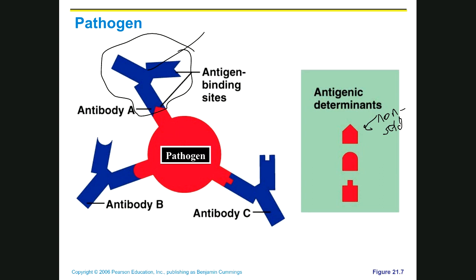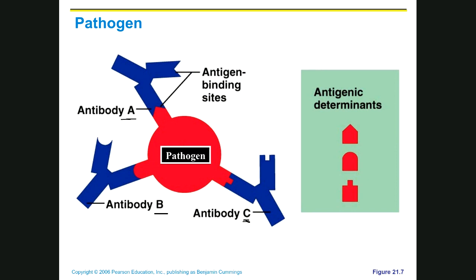Here's an antibody that was created against that. We're going to call it antibody A. But there's a different shape over here, and we can create a different antibody to it, antibody B. Same thing over here, a different shape, and that would be antibody C.